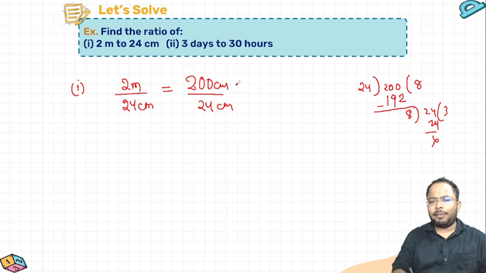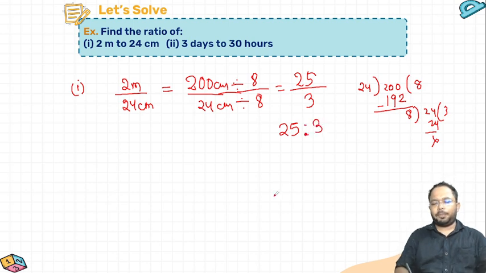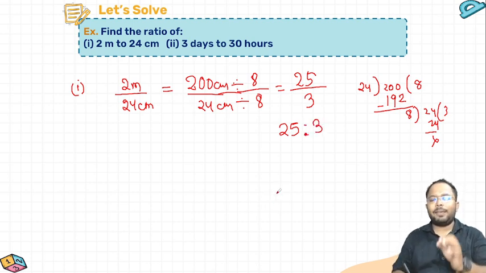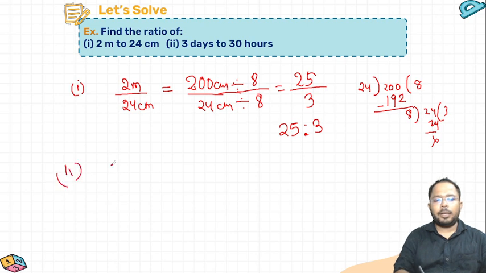So let's divide this by 8 to get the ratio in simplest form. 8 twos are 16, 8 fives are 40, 8 threes are 24. It's 25 is to 3.